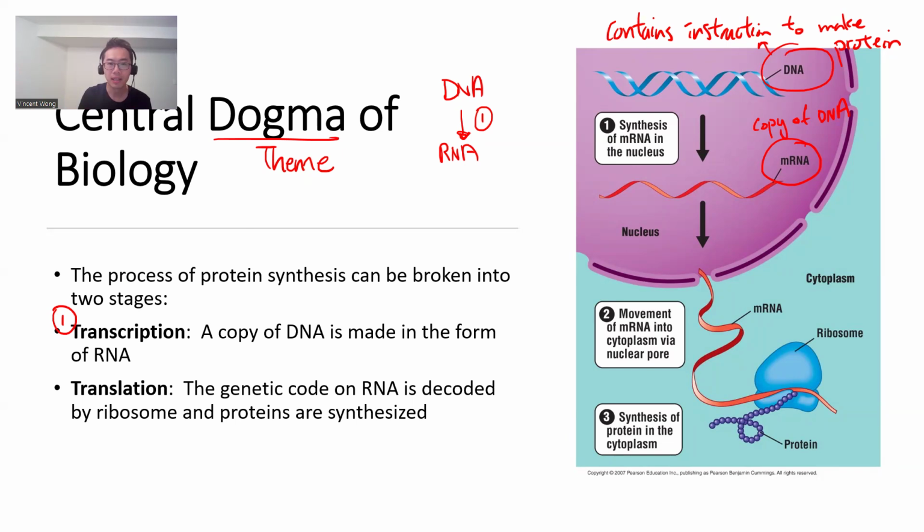And then in the cytoplasm, the RNA is decoded by the ribosome, and you use it to make protein. This is translation, because RNA and proteins are different languages. RNA is nucleotides, but proteins are amino acids. That's why it's called translation. So it happens in 2 stages.